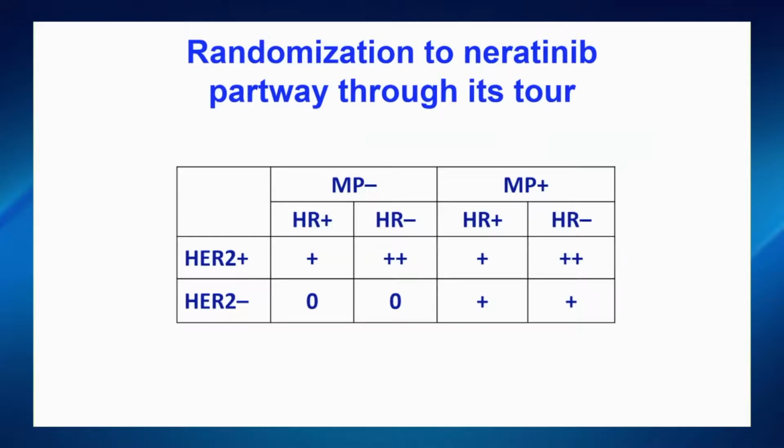It's a pan-HER family inhibitor. And so it was being assigned preferentially. If you ask, well, what was the proportion of patients assigned to neratinib who were HER2 positive, it was more than twice the proportion in the control arm at the same time. So patients were being treated better.